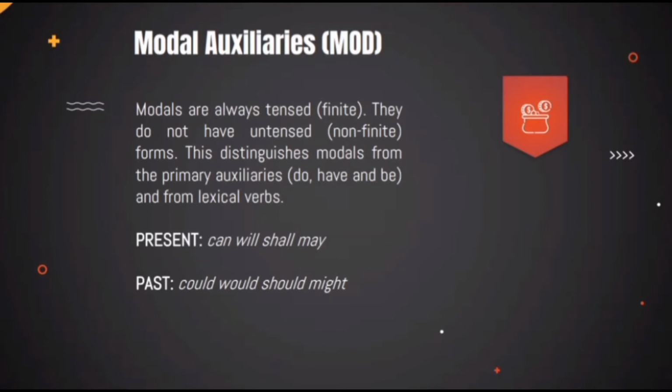This distinguishes modals from the primary auxiliaries do, have, and be, and from lexical verbs. The modal auxiliaries are: in present tense, can, will, shall, and may, while in past tense, could, would, should, and might.